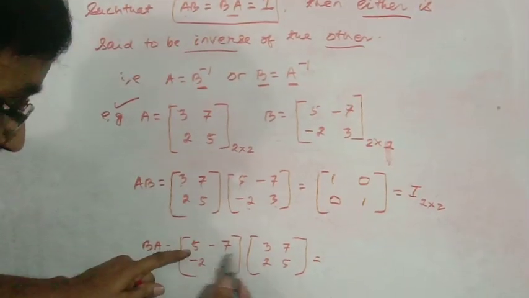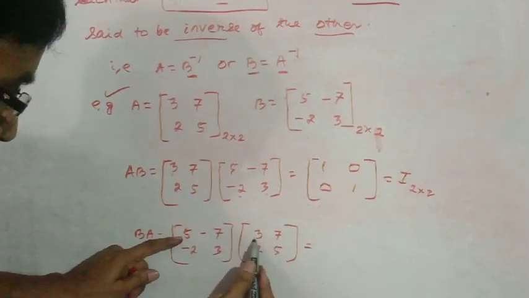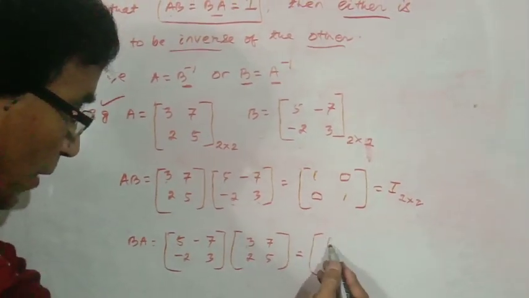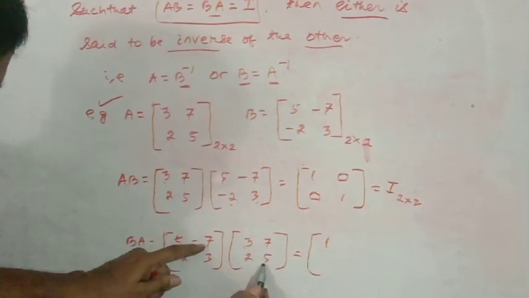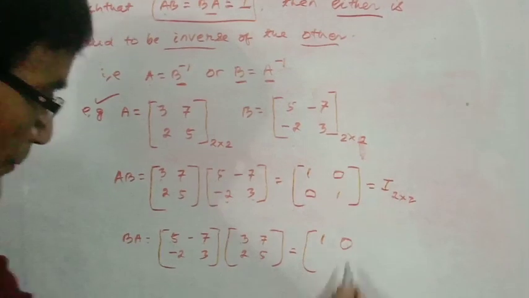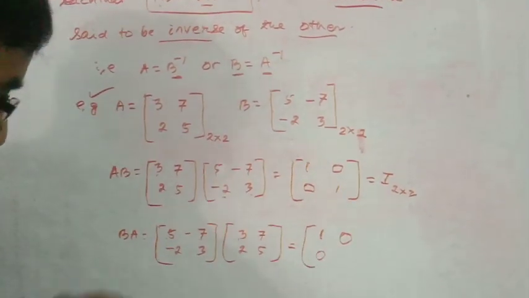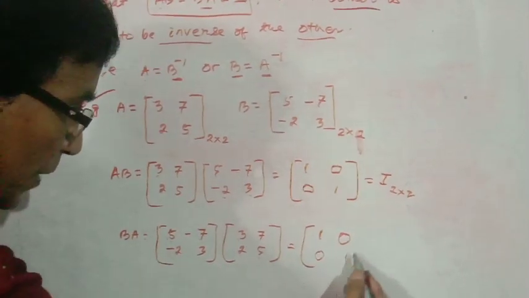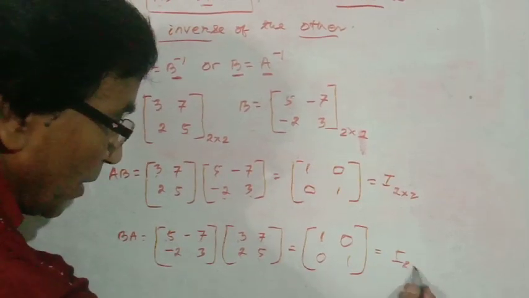So here you see it is 5 into 3, 15 minus 14, it is 1. Again 35 minus 35, 0. Minus 6 plus 6, 0. Minus 14 plus 15, 1. It is also the identity matrix of order 2 cross 2.